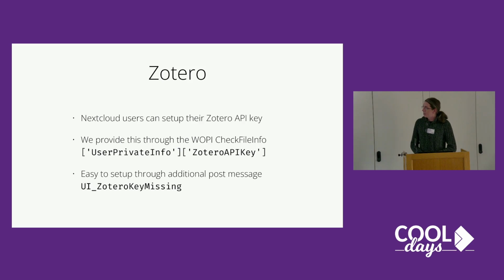And that we provide back to Collabora through the WOPI check file info endpoint. To make it even easier, if the user hasn't set up an API key, then we get a post message from Collabora and can present them with a dialog to enter it right away without ever leaving the editing session.